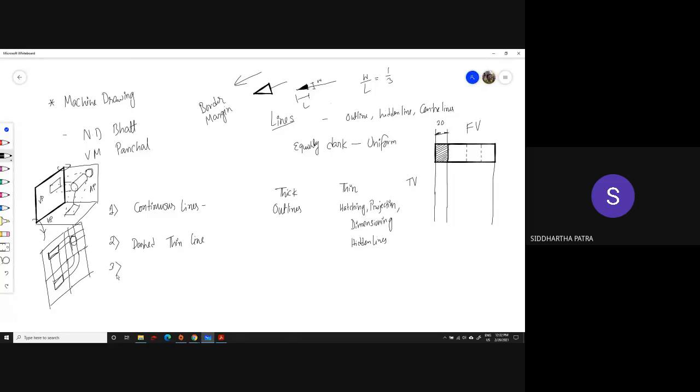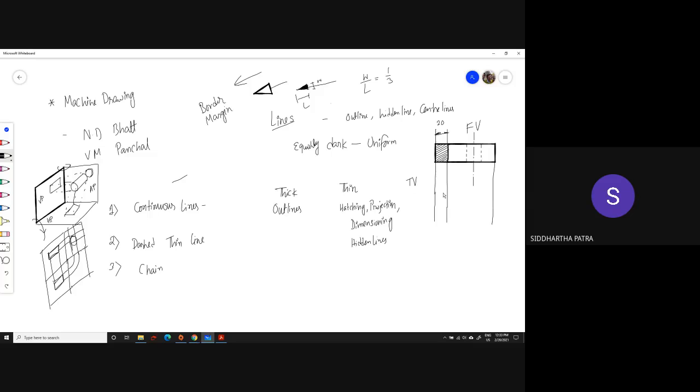Number 3 are chain thin lines, thin chain lines. What are they used for? What are chain lines? Yeah, center line. They are used for representing the center line.